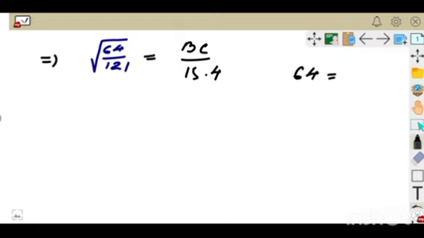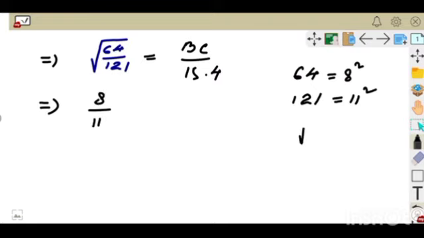64 is 8 square, and 121 is 11 square. So both 64 and 121 are perfect squares. So I can write 8 divided by 11, because root over 64 means you can write 8 square, so square and root cancel, and we get 8.